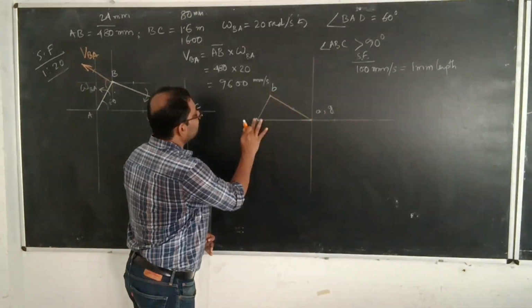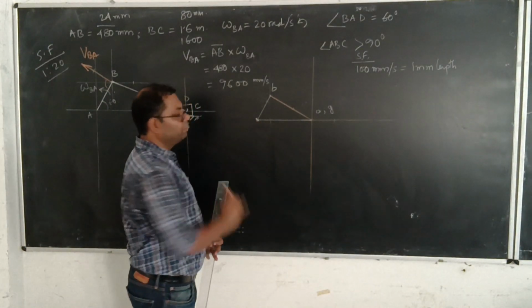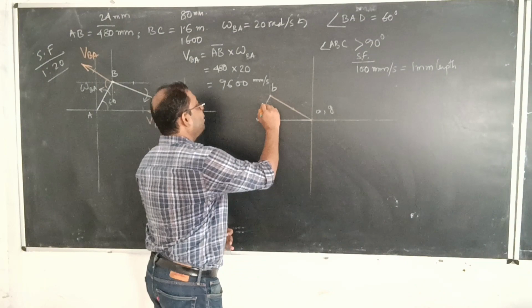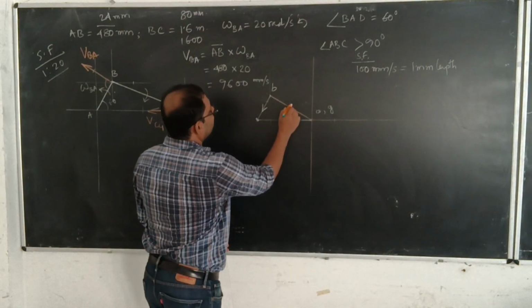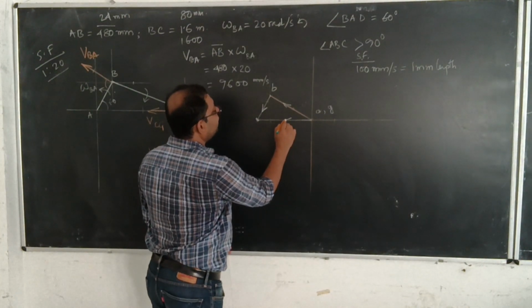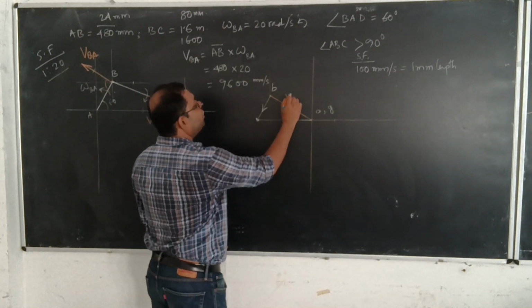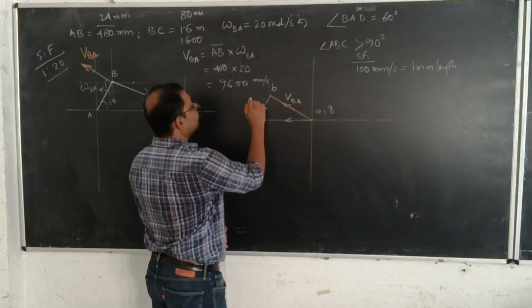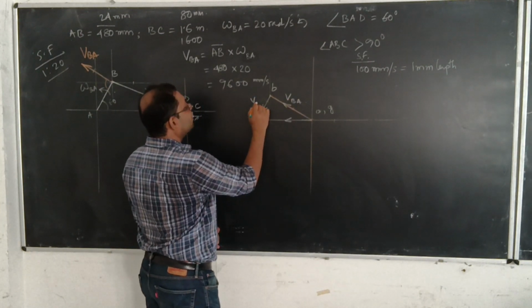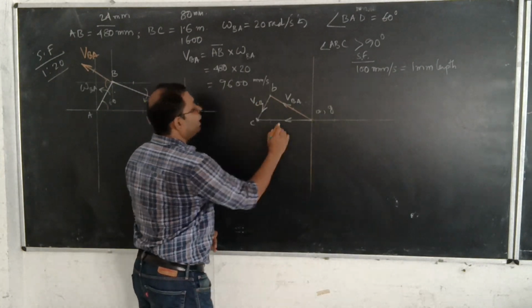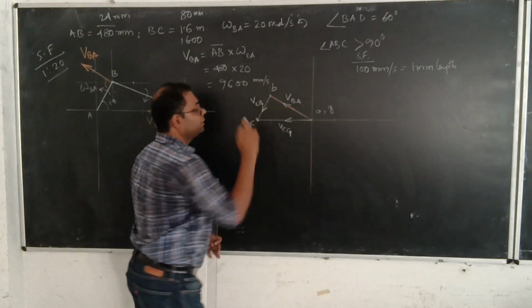So erase or remove this part, erase or remove this part also. So from here to here, mention the direction. So this will be your VBA, this will be your VB, VCB, and this is VCG.